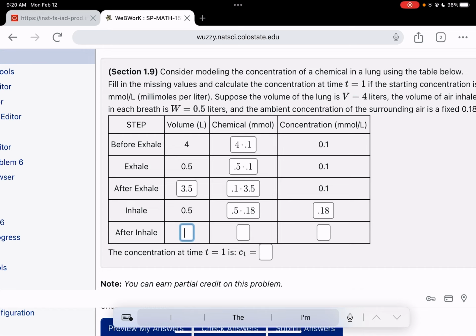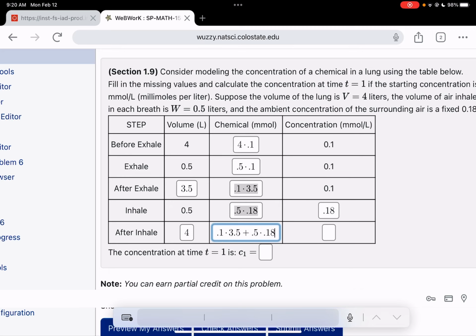So in the lungs, I now am back up to 4 liters of air. How much stuff is in my lungs now? Well, after I exhaled, there was this much stuff. Then I inhale, adding volume to my lungs: half a liter that contains 0.18 for every liter.